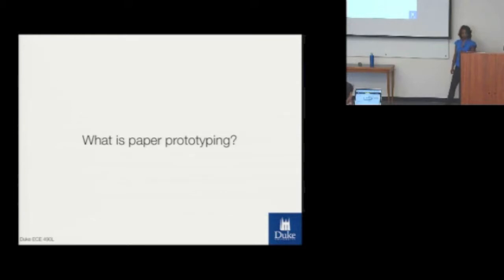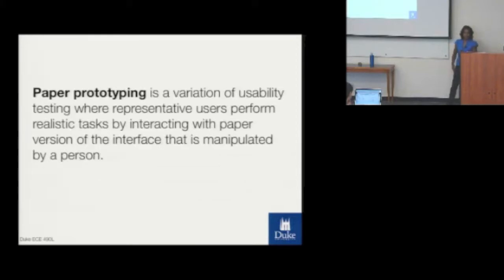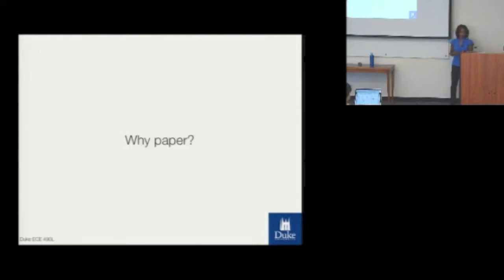Sure. Or something of the sort. Yep, it's basically just mimicking what the actual product would be like on paper. The reason that you do this is because it's meant to be a form of usability testing, and you want to give them a representation of some interactions or tasks that they're doing. But really, they're just manipulating paper as the interface.